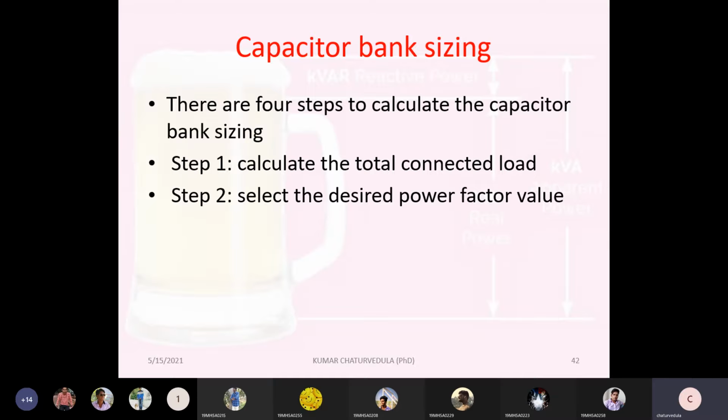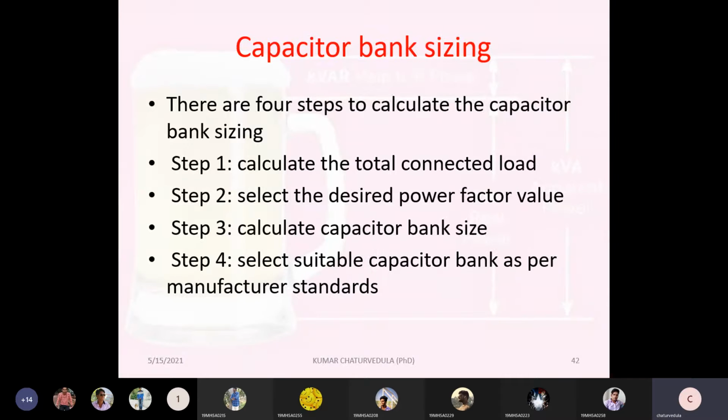So first you calculate the total load that is available. Second, you choose a desired power factor value, and third, you calculate the capacitor bank size. Based on the desired power factor value, you have a formula to calculate the capacitor bank size. After calculating the capacitor bank size, there are industry standards.